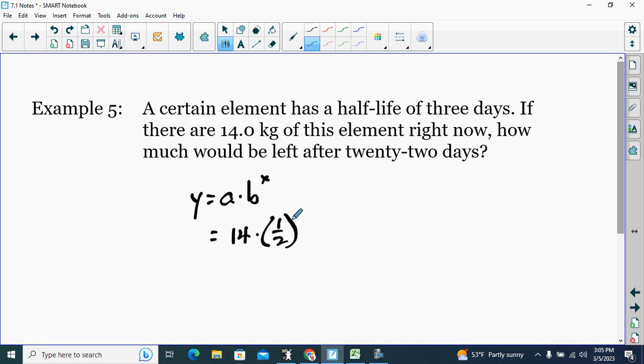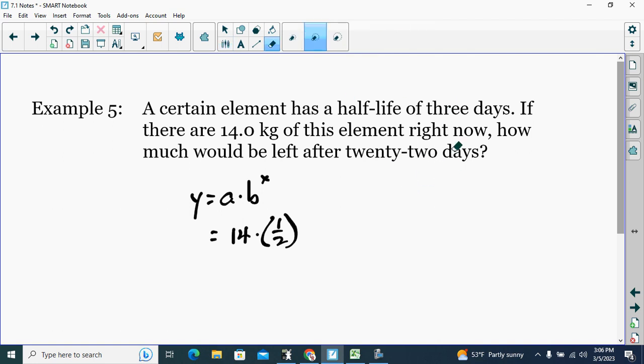And we want to know how much would be left after 22 days. Well, it's not 22 because it wouldn't have broken in half 22 times. Think about if this said 21. If this said 21 days, if it breaks in half every 3 days, after 21 days, wouldn't it have broken in half 7 times, which we would get by doing 21 divided by 3.